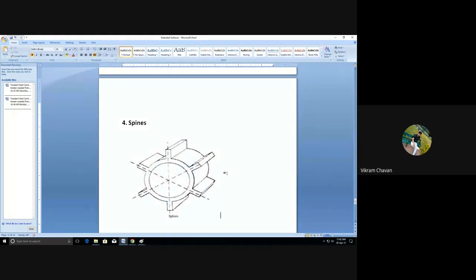Is there any doubt, any question up till now? If you don't have any doubt or question, and if you have drawn all the figures, then you can comment your roll numbers in the chat box and you can leave this meeting.